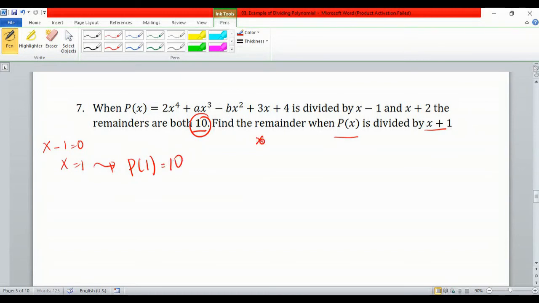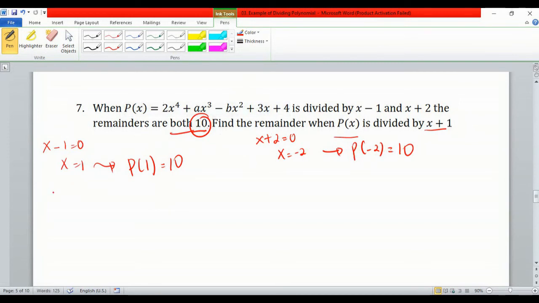How about x plus 2? So x plus 2 equals 0, so x equals minus 2. So you can substitute P(minus 2) equal to 10, because they are both 10. And then after this, you just need to substitute them.